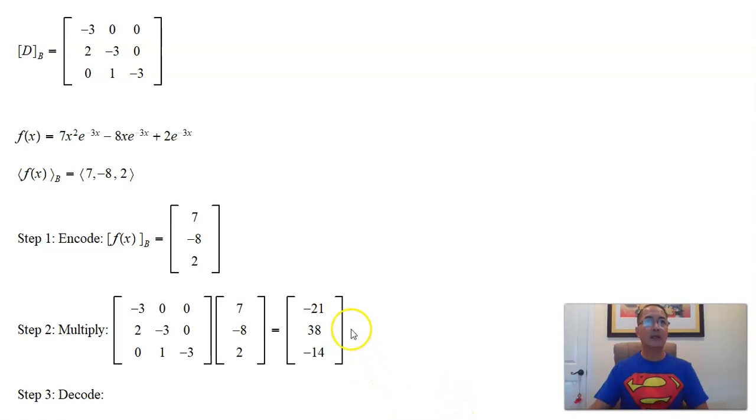These numbers are the coefficients of x squared e to the minus 3x and so on in the same order that we used to assemble the coordinates for the original function f of x. So I can just copy this and replace the coefficients. The first one should be negative 21, and then the next should be plus 38. And finally, we have minus 14.